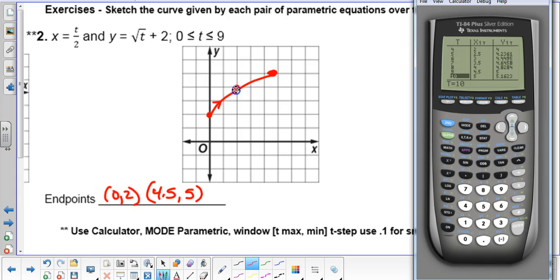And it did go up this way, right? Looks almost linear on my graph paper, but it's because I only plotted a couple points. Everybody okay? Any questions about using the calculator to do these?